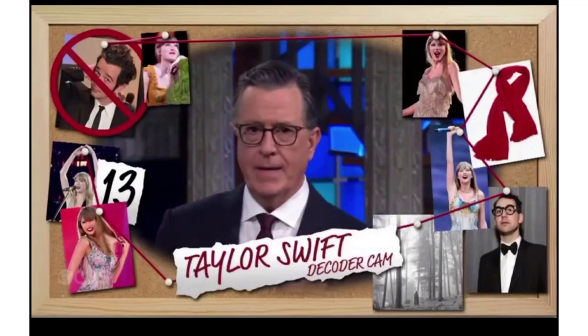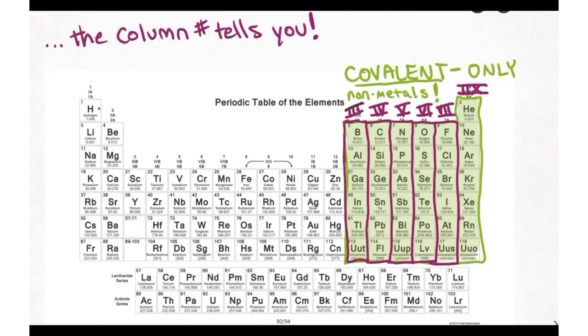Okay, let's see. Now remember how we have these columns numbered up here in group A for the nonmetals. This is column 3, this is column 4, this is column 5, column 6, column 7, and column 8. So easy peasy. How do you know how many electrons are in the valence shell of any of these nonmetal elements? It's the column number.